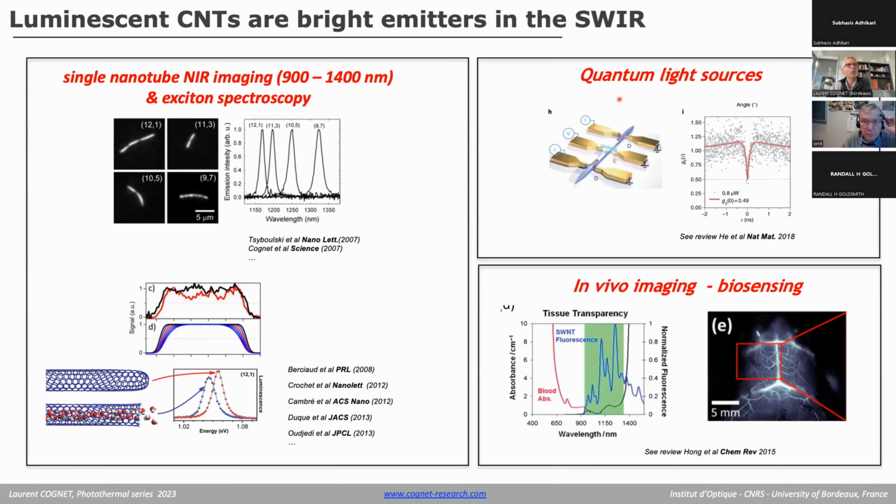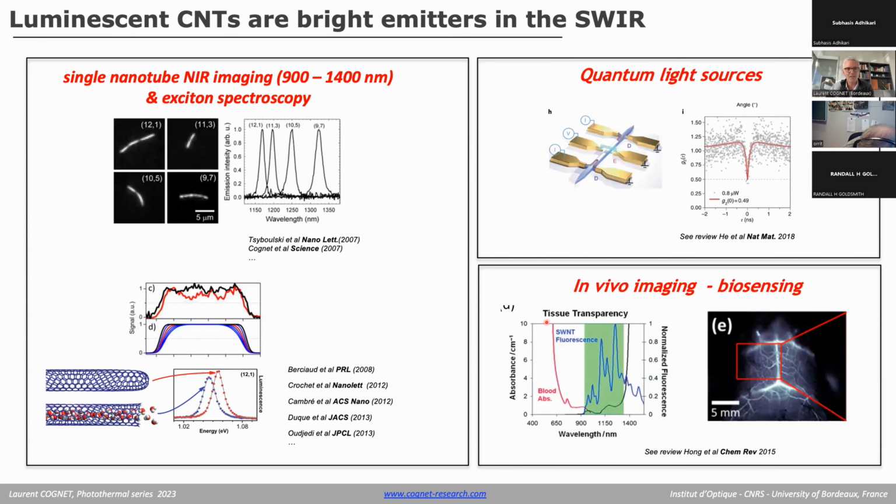The one with quantum light sources, so you can do single photon sources with carbon nanotubes. And the good thing is that they emit in the near infrared, so in the telecom band. That's something interesting. And obviously, also bioimaging is something interesting because you see that the luminescence properties fall in the transparency windows of the tissues.